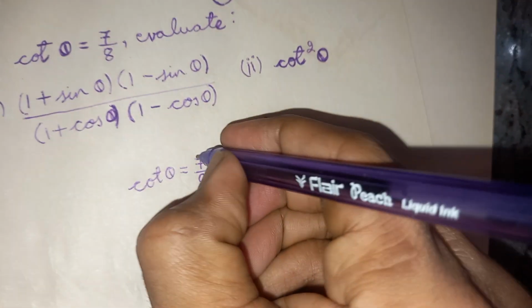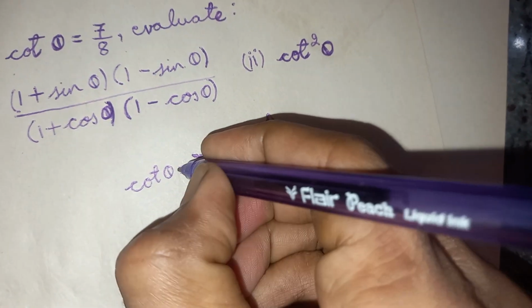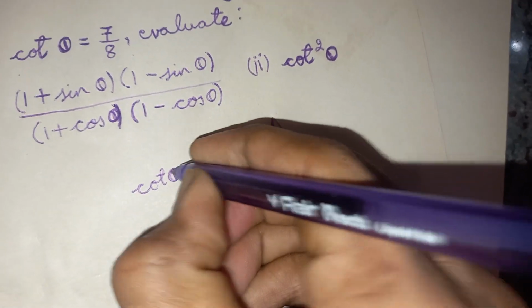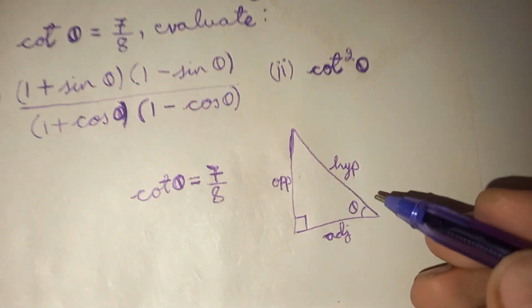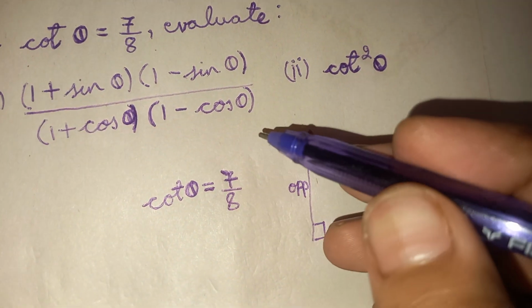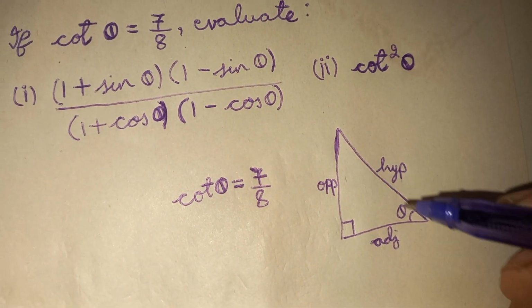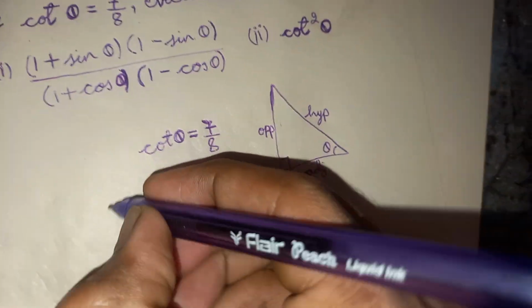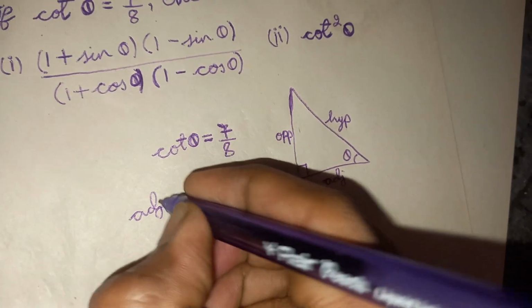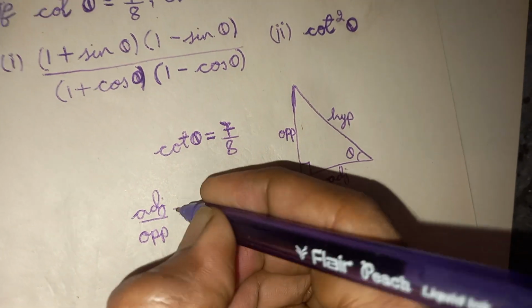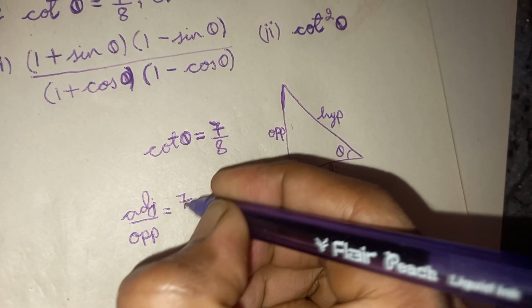Here cot theta is 7 by 8. Cot theta is the reciprocal of tan theta. Tan theta is opposite by adjacent, so cot theta is adjacent by opposite, which equals 7 by 8.